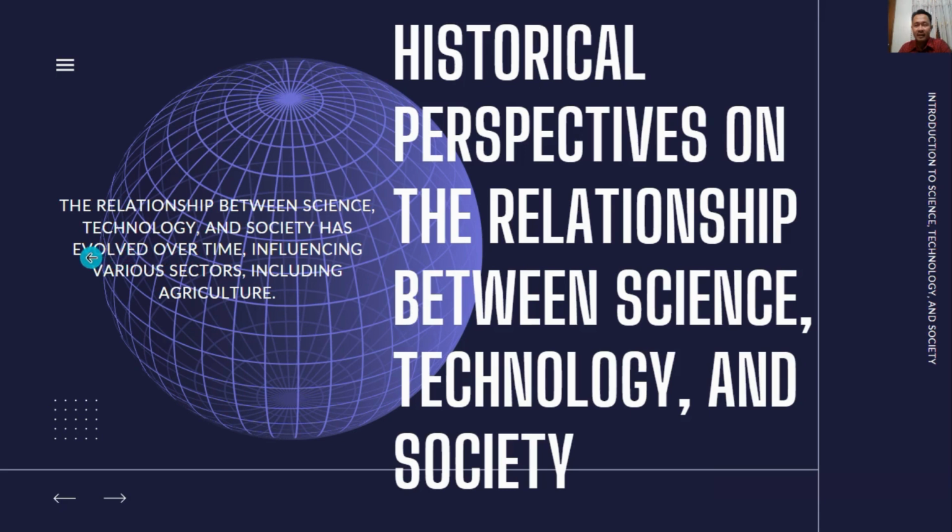If you can notice, there was a huge influence on our traditions, in our agricultural farming, not only in agriculture, but in all walks of life. So science, technology, and society has clearly evolved through further advancing in science and technology. And it follows also the society.